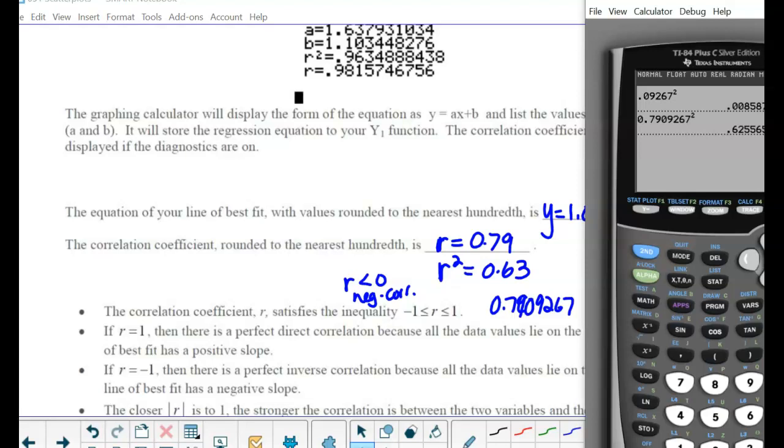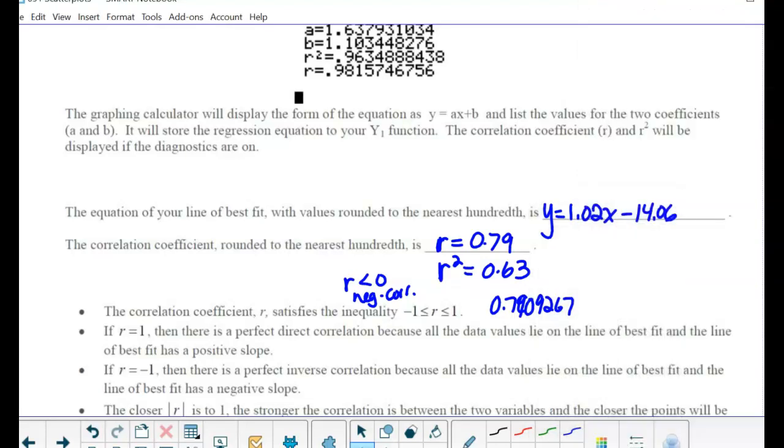So that's what's listed in the next part here. The correlation coefficient r satisfies this inequality. If r is equal to 1, then it's a perfect direct correlation because all the data values lie on the line of best fit, and the line of best fit has a positive slope. If r is negative 1, it's a perfect inverse correlation: all the data values lie on the line, but it's a negative slope.